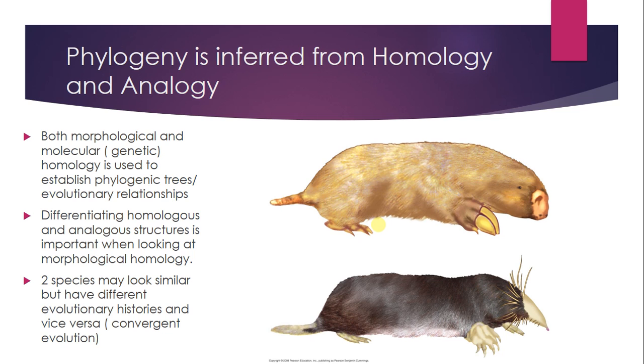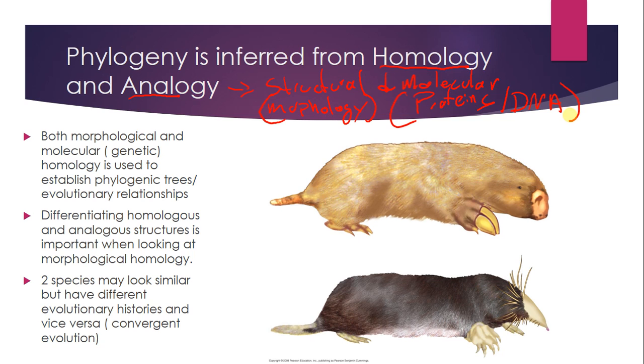How do we construct phylogenetic trees? So we can make them by looking at homology and analogy, both structural, having to do with physical, morphological characteristics, so shapes, and molecular, so like protein amino acid similarities, and DNA similarities.